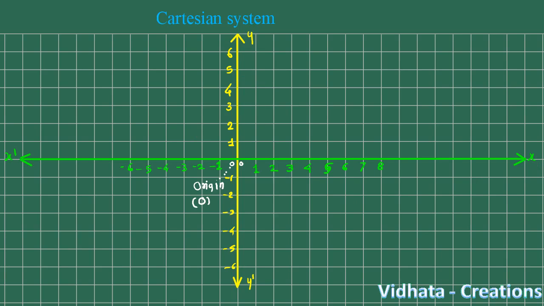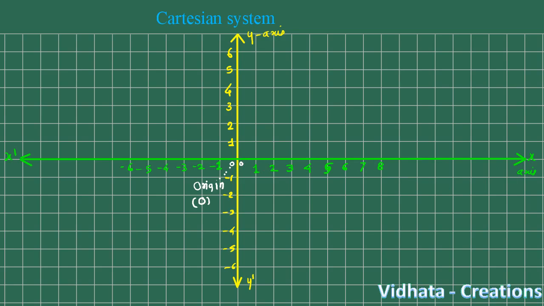You have to remember this. Again concentrate here: from 0 to the right hand side, the x-axis is called the positive x-axis.